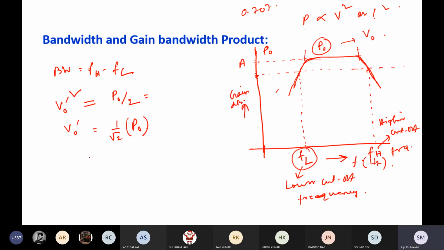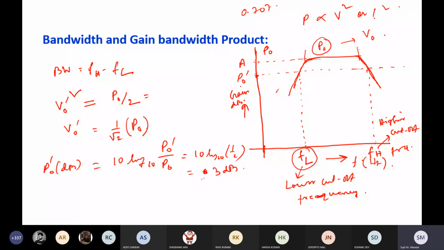Now if you consider it in dB, what would be the change in power? dB is a ratio. So if you consider the power is P0 prime, then in dB it is written as 10 log10 of P0 prime by P0, and it is about 3 dB.